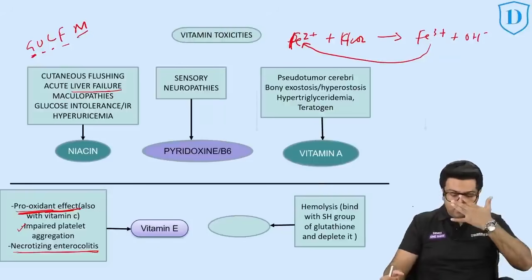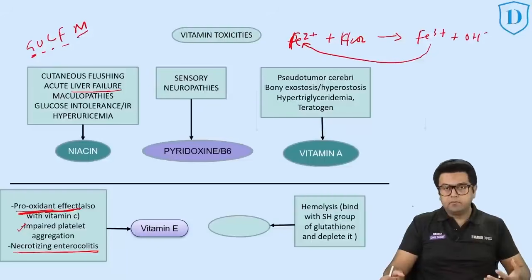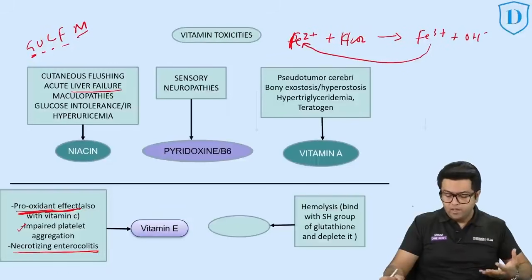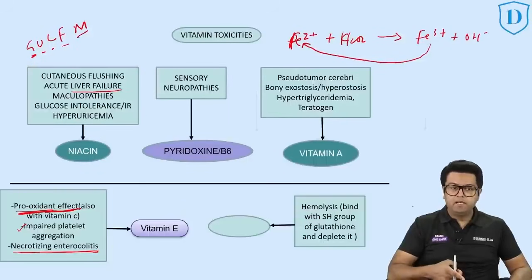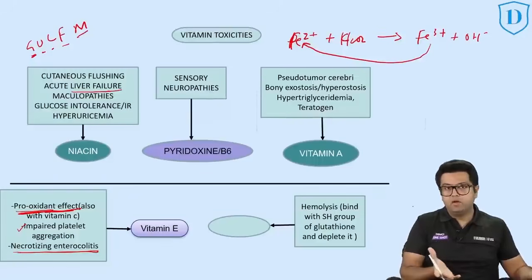Now guys, can you tell me the answer here? Hemolysis. Why? Because it binds with the sulfhydryl groups of glutathione and depletes it. No, not vitamin K deficiency. Vitamin K deficiency causes impaired platelet aggregation, which is obviously a different thing that we already know.